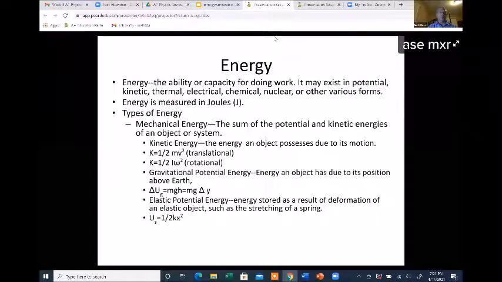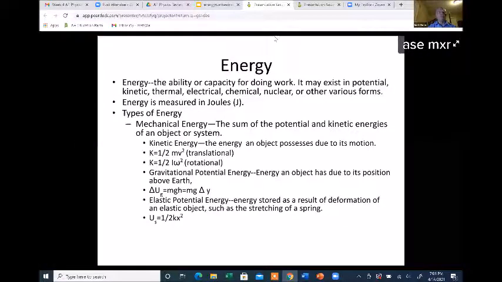There's also electrical energy, nuclear energy, and some other types. But in this course, essentially, we're going to be talking about kinetic, potential, and thermal, which is just heat. We measure energy in joules, and hopefully you know a joule is equivalent to a Newton times a meter, or a Newton meter. And here are the types of energy again that we're going to talk about.